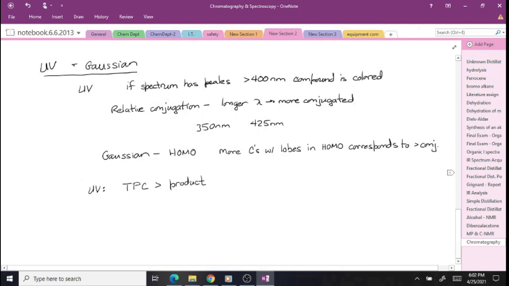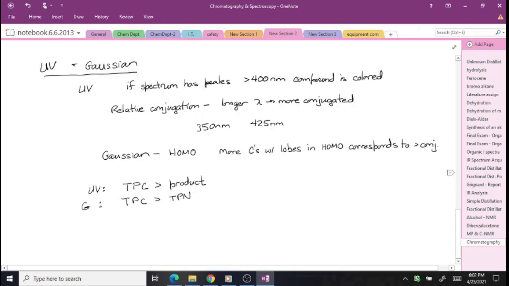We don't know that it's tetraphenyl naphthalene, but we assume that it may be. We want it to be. So we have UV visible spectra of both the TPC, the starting material, and the tetraphenyl naphthalene, and we compare those. The UV says that the TPC is more conjugated than the product. And then we compare that to the Gaussian. And the Gaussian says TPC is more conjugated than TPN.